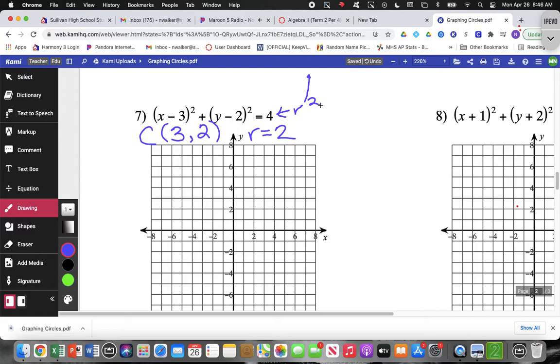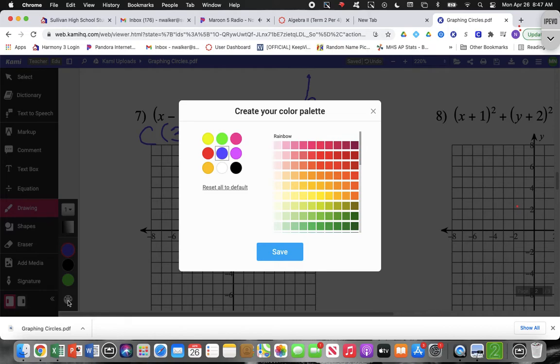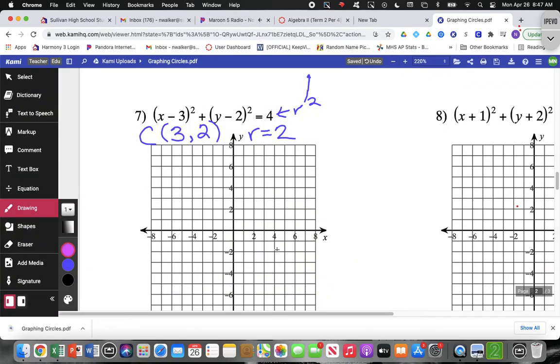All right, so we are going to graph, and let me get some different colors here. I'm going to graph my center in purple. My center is 3, 2. Where do I graph 3, 2? Give me directions. Over 3, up 2. Over which way? Right. So we go over 3, up 2, that's my center. And then if my radius is 2, from the center, I just go up 2, to the right 2, down 2, and to the left 2 to give us our guide points.